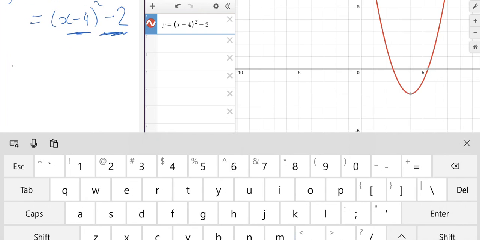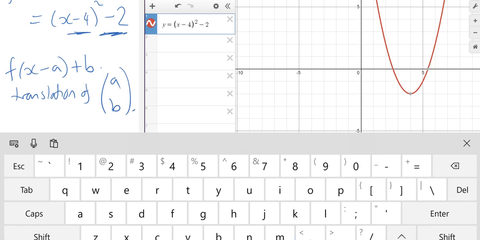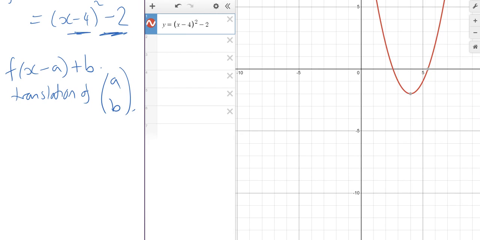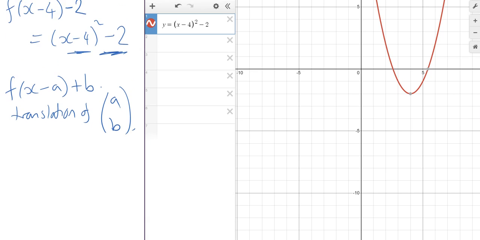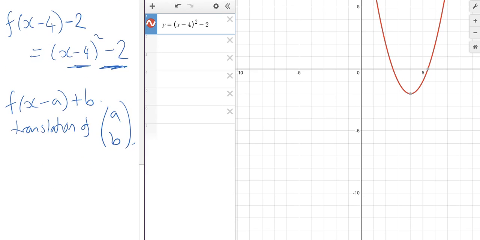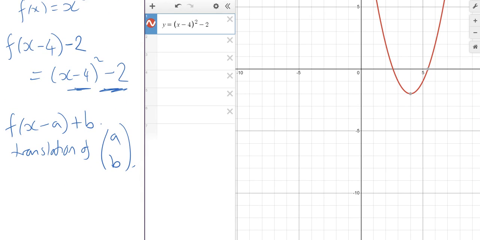So if I have f of x minus a plus b, it is a translation of a, b. A spaces to the right and b spaces up. Okay, just happened that in that example, that b was negative, so it went down. Right, hopefully you've understood how that works and you're ready to answer some questions on transformations of functions where it moves as a translation.